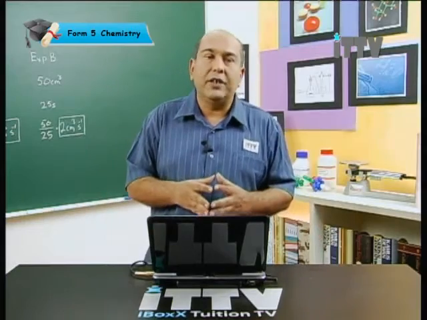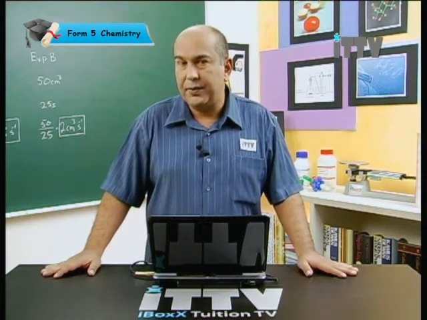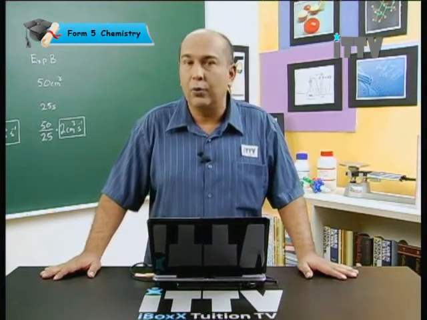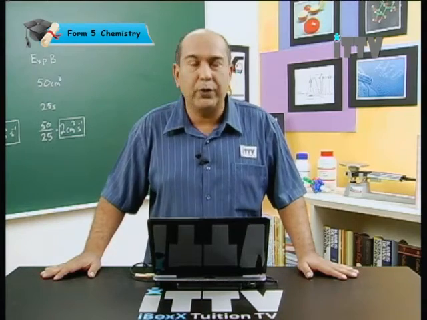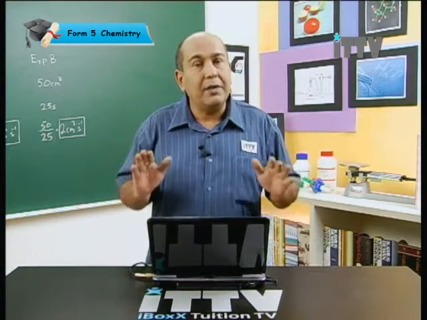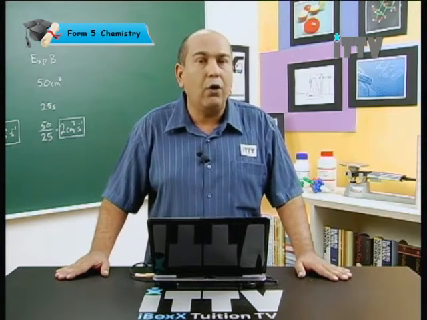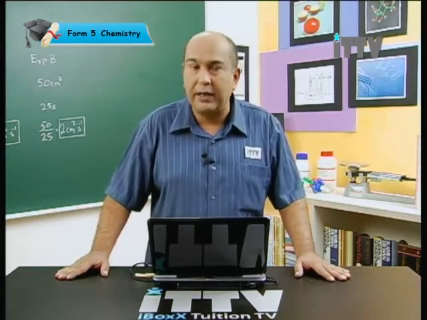Now, we can draw a graph for all of the reactants and the products. Remember, your reactants are going to decrease with time. Your products are going to increase with time. Let's start by having a look at the graphs that you could possibly get for the change in reactant and the change in product here on the board.